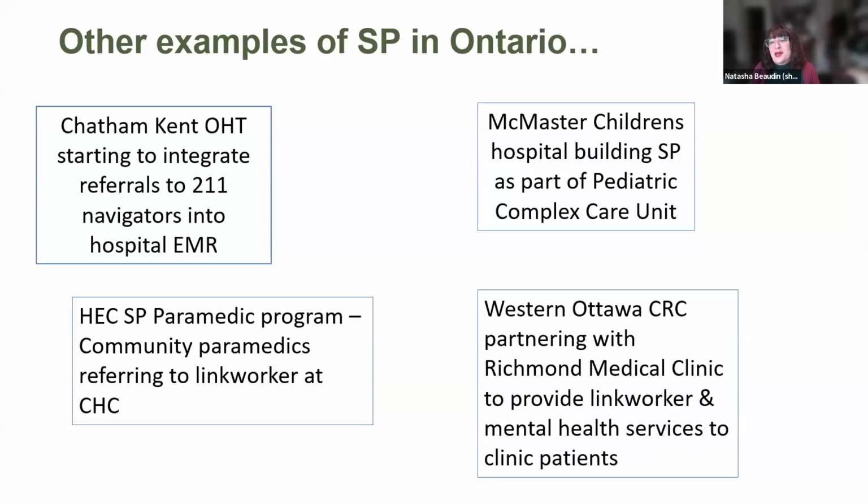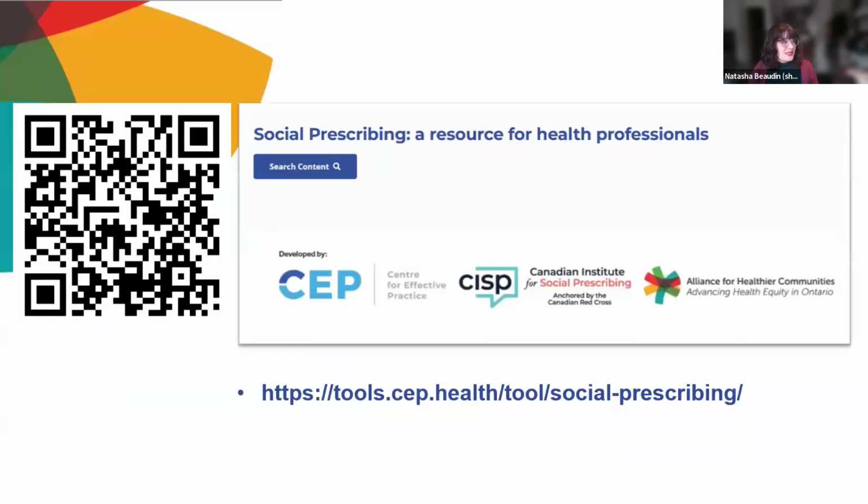And then a personal one that I was made aware of is a medical clinic where physicians are connecting with a mental health resource in the community so they can collaborate to really get holistic care to their clients. And I think the OHTs are so well positioned because you can start with the partners around your table and those can be your first connections. I mean, I'm sure you already know that.